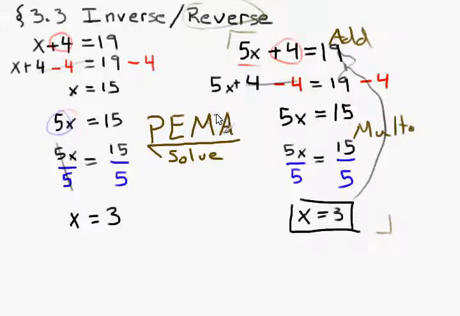Reverse. Then, over here, 4 minus 4 is 0. 5 divided by 5 is 1. Inverse.